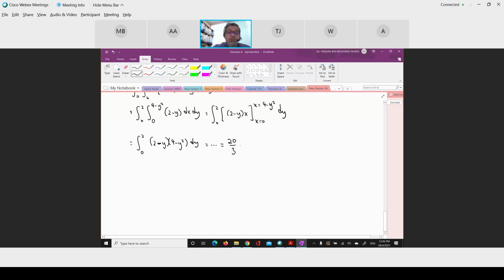Since we are dealing with volume, we put in a unit cube here. Any question? The most challenging part is the construction of the object G, drawing it and determining the bounds x, y, z.